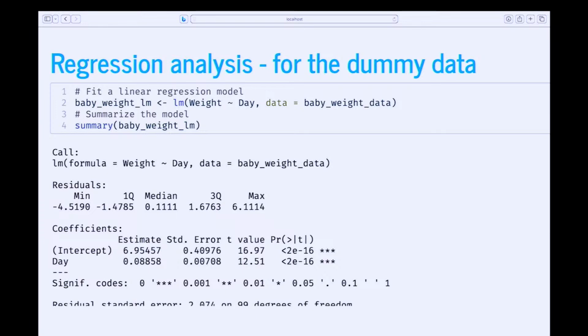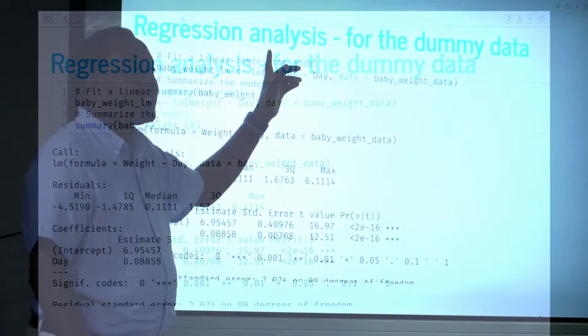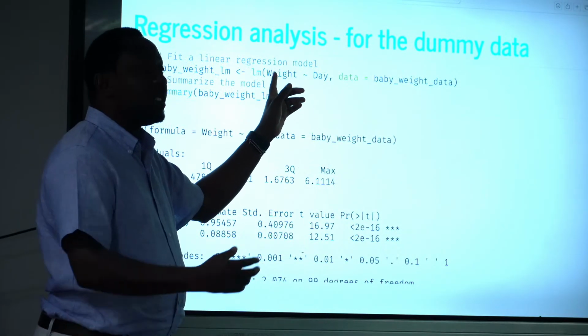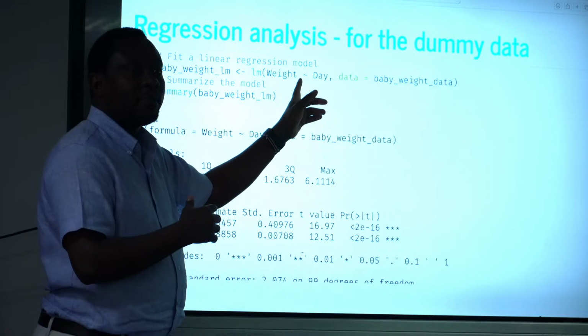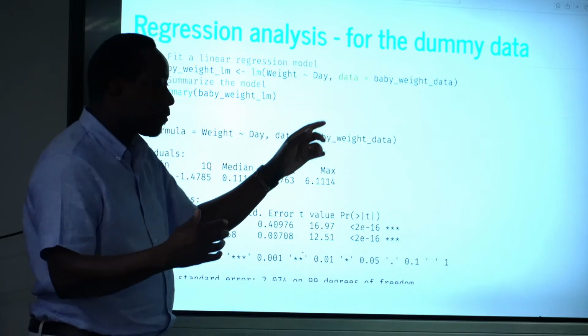We say it's a linear regression looking at the relationship between the weight of a child and the number of days post-weaning. And I want to use the data that we created called baby weight data. That baby weight data has two columns. It has a column of day and a column of weight. So you want to see what's the relationship between the weight of the baby and the number of days post-weaning.